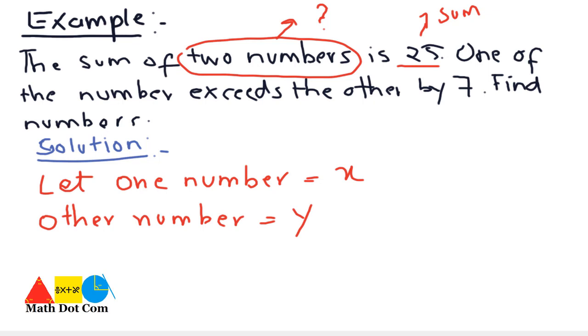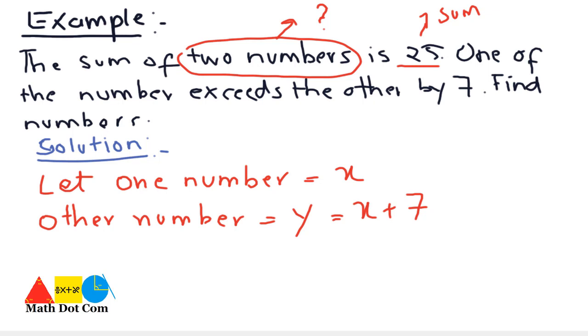Now they have specified that one of the numbers exceeds the other by 7. It means one number is 7 more than the other. So we can take the other number, you can also take x, but we are taking y here, that y is 7 more than x.